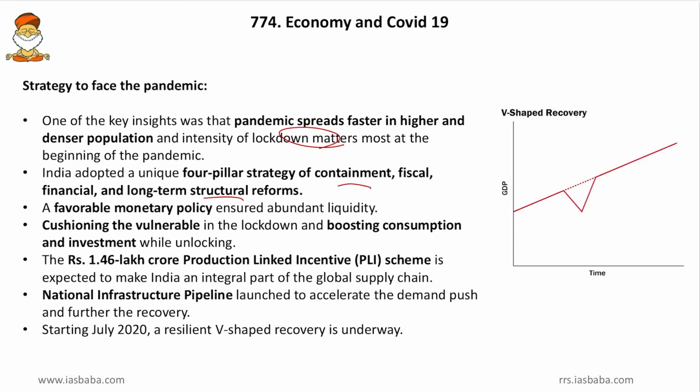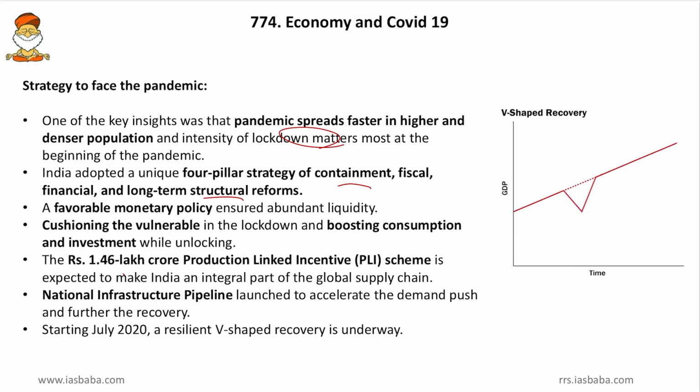Then a favorable monetary policy ensured abundant liquidity. So friends, that 20 lakh crore package was given, which maintained liquidity inside the market. Then cushioning the vulnerable in the lockdown and boosting consumption and investment while unlocking. Yes friends, the Pradhan Mantri Garib Kalyan Yojana and others helped in cushioning the vulnerable sections, especially the migrants.